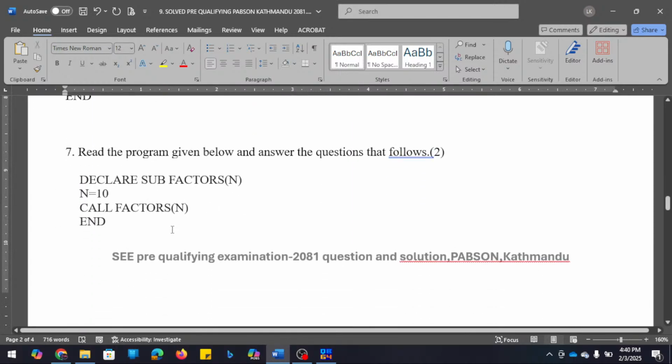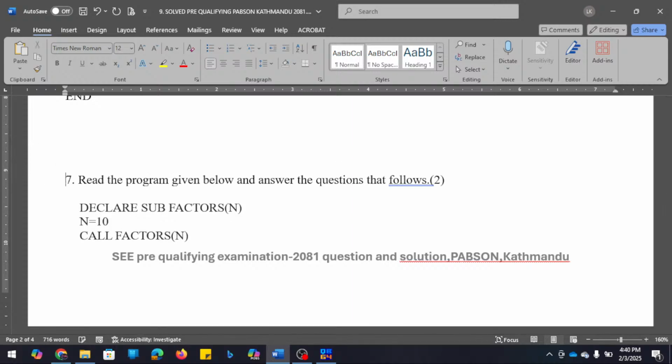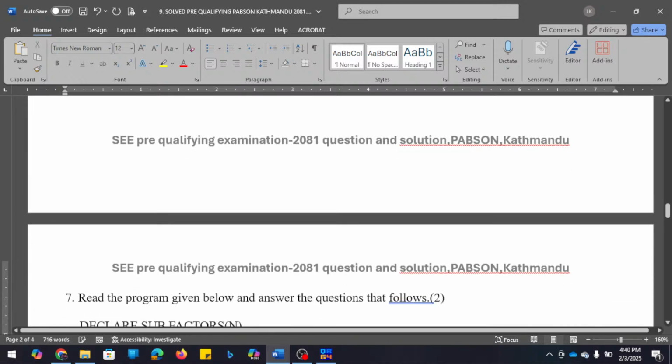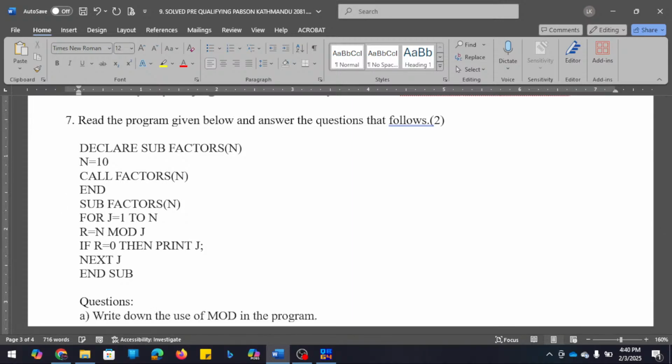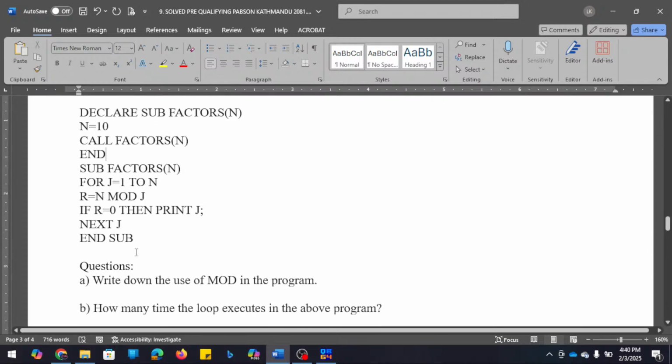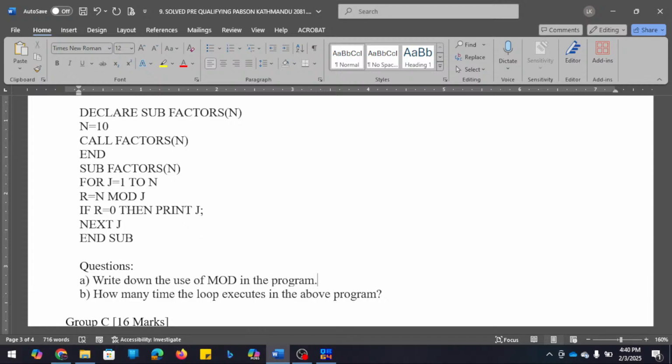Next is the analytical program to give the answer. Let's go for it. So question number 7 is telling us that here is a program and we are asked to write the answer. What is the meaning of mod? So mod gives us the remainder, when n is divided by j.